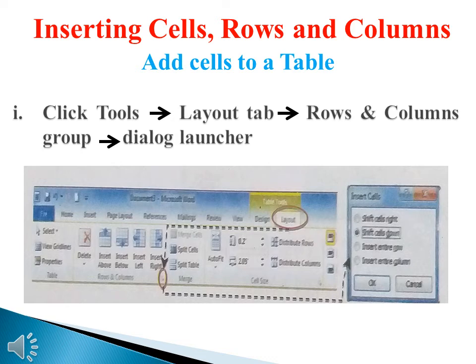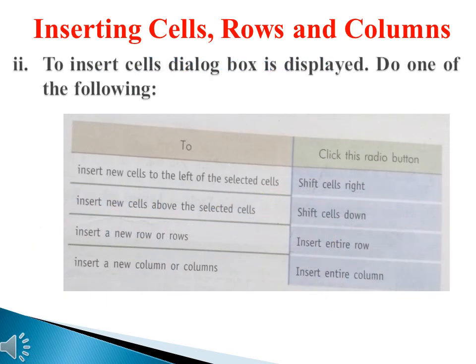You can see in the image also. Once you click on the dialog launcher, a new dialog box will appear. Now to insert cells, a dialog box is displayed. From that we have to select one option from the given image.